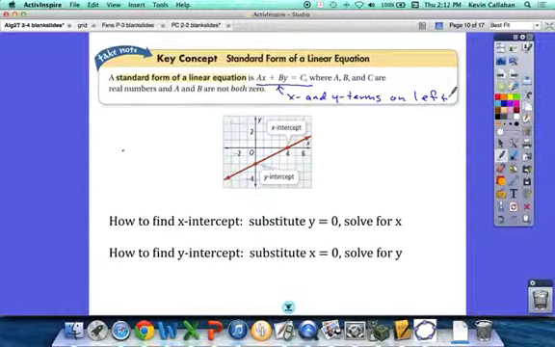Other than that, there are not a lot of times that we deal with equations in that form because it's not solved for y, right? We really want the function form of an equation if we can. But if you remember in your Algebra 1 days doing systems of equations, do you remember what a system is?